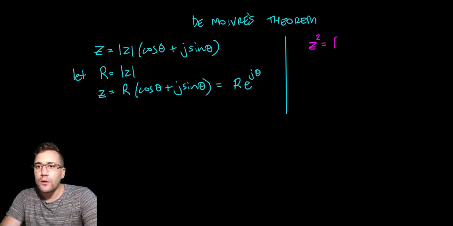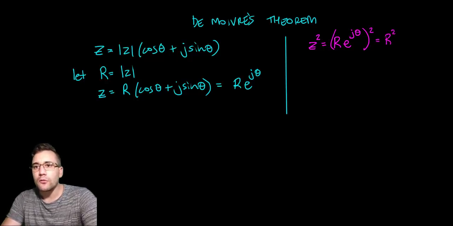We discussed, I believe, that that was the same as doing this, which was the same as doing this, right? And this is like index rules, so this is the same as r to the 1, really. So you multiply this exponent by 2, and you multiply the exponent in e to the j theta by 2, and we're going to get j 2 theta, right?